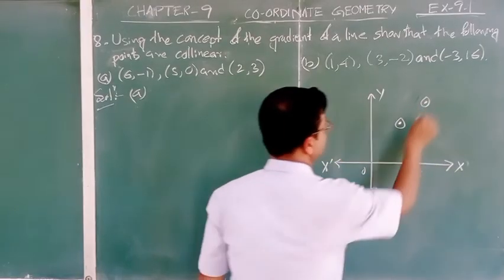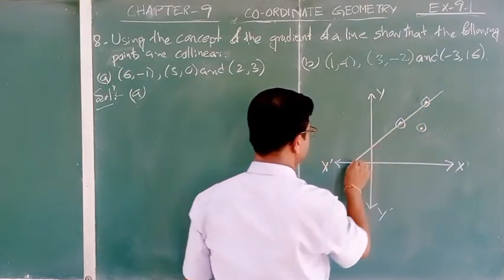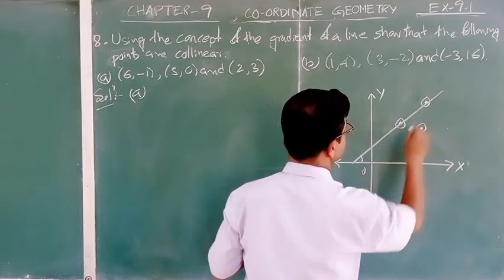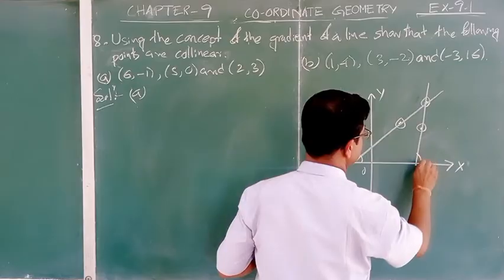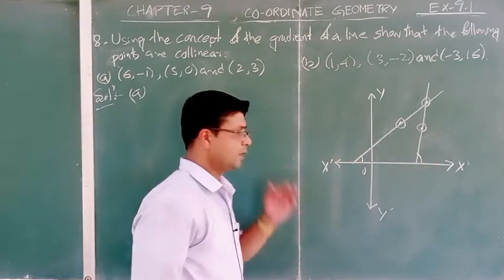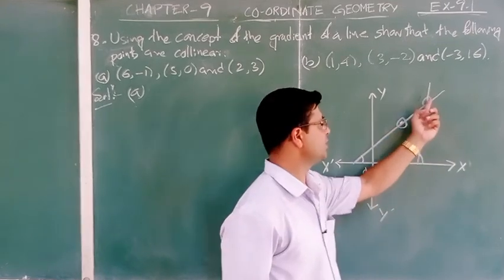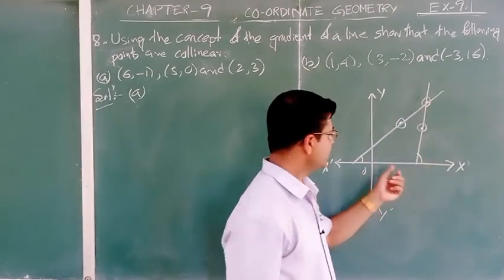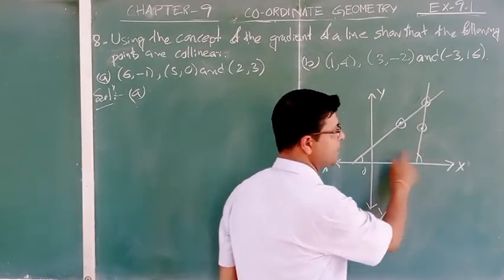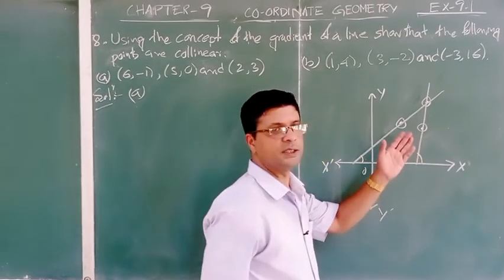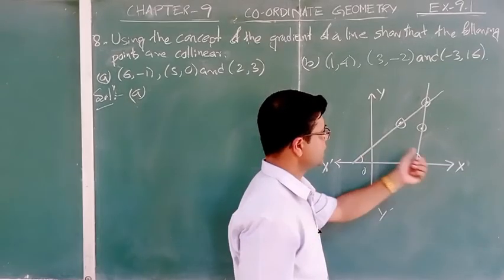Now if we join them and produce that, this is the inclination, this is the inclination, and if we join them, this is the inclination. Or we can find the gradient also, the gradient of the line joining these two points. Now if the inclinations are the same, but here in this case the inclinations are not the same, so we can easily say that these points are not collinear.